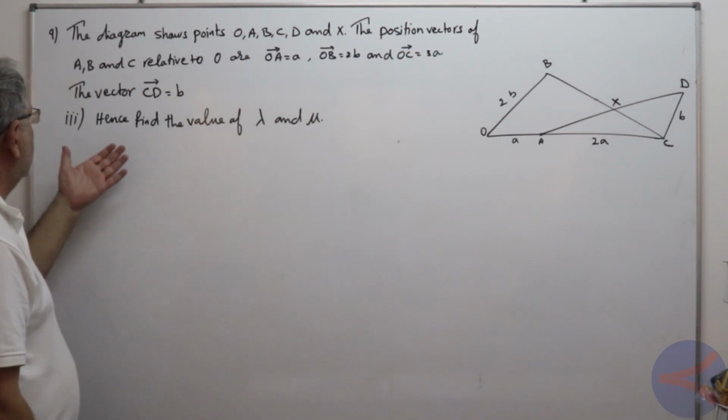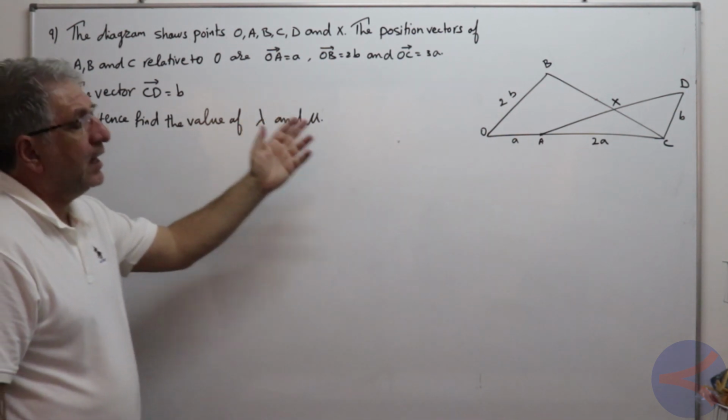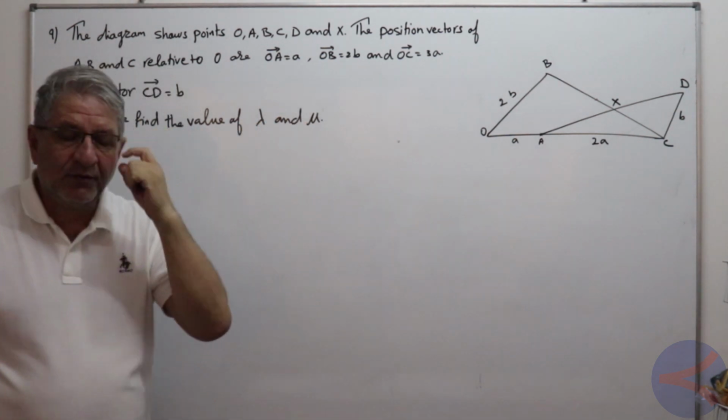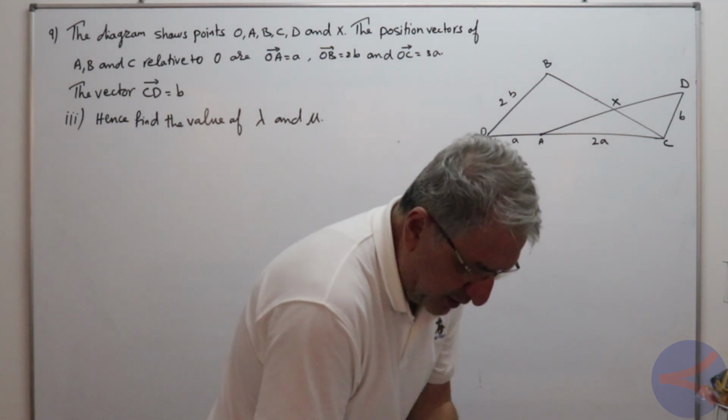The third part of this says, hence find the value of lambda and mu. To find the value of lambda and mu, we need the result from the previous sections.